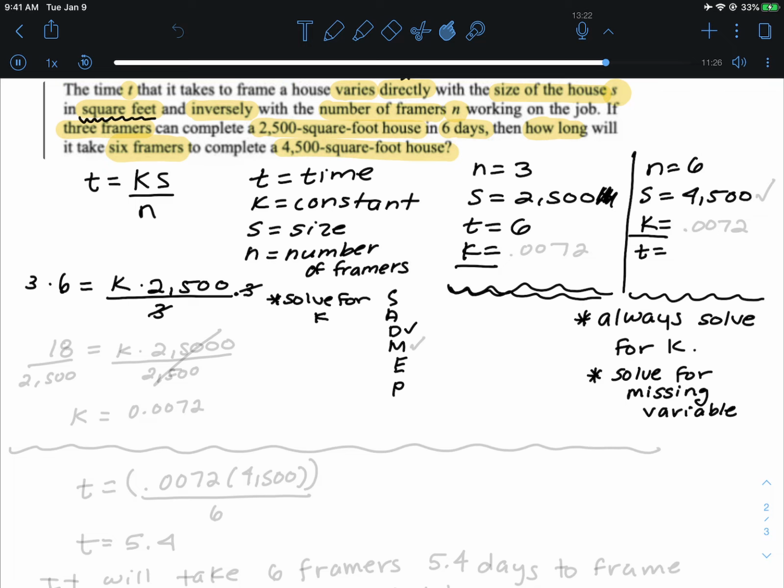Okay, well, what's 3 times 6? It's 18. So that's going to equal k times 2,500. Now we get rid of multiplication, so we divide, and what I do to one side, I do to the other. So that means that k here is going to equal 0.0072.